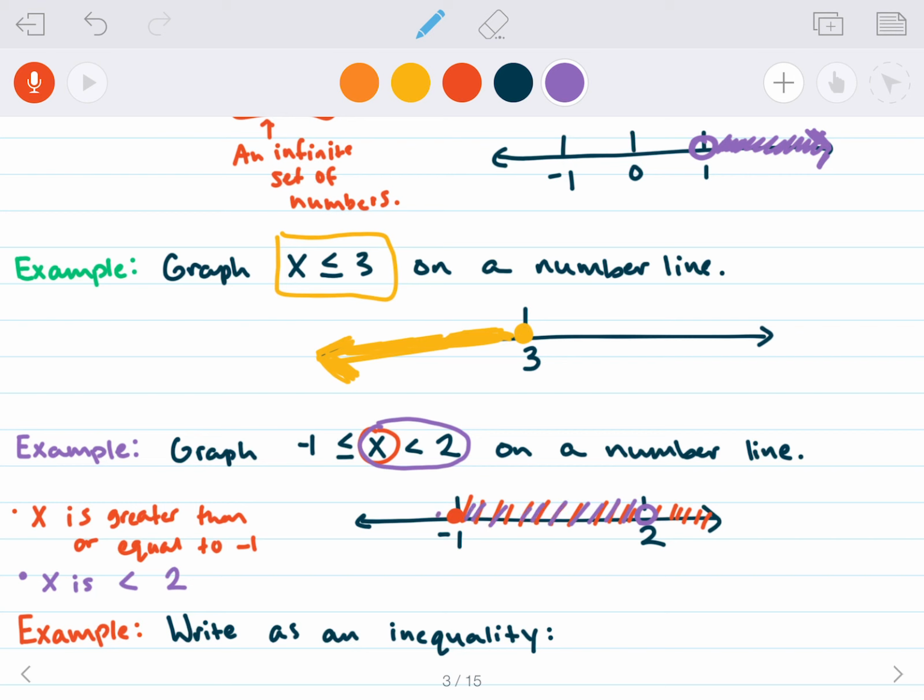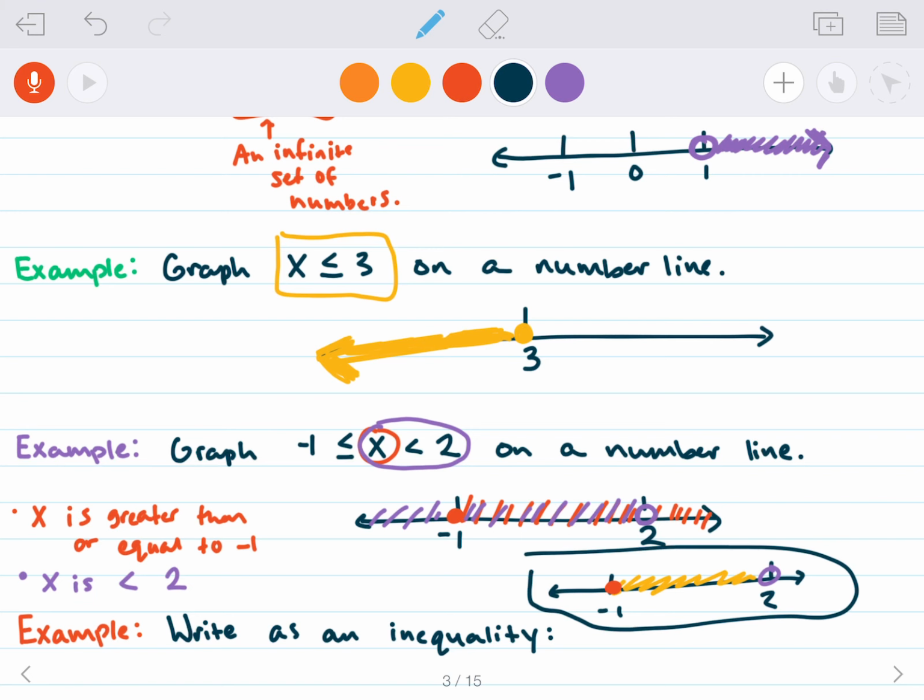Right? That's what less than means. And where these intersect, where the colors overlap, is what we're actually shading on our picture. So if I were to redraw the answer, it would be negative 1 to 2. And then where they overlap is this region right here. So I would just shade, and I would put an open dot here and a closed dot right here. So this would be my answer.